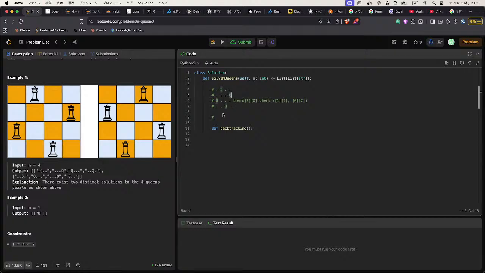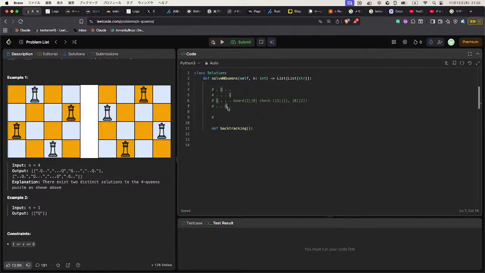So yeah, it doesn't affect the time complexity entirely. For diagonally, as we see, we check one by one. So it is a linear algorithm, right?